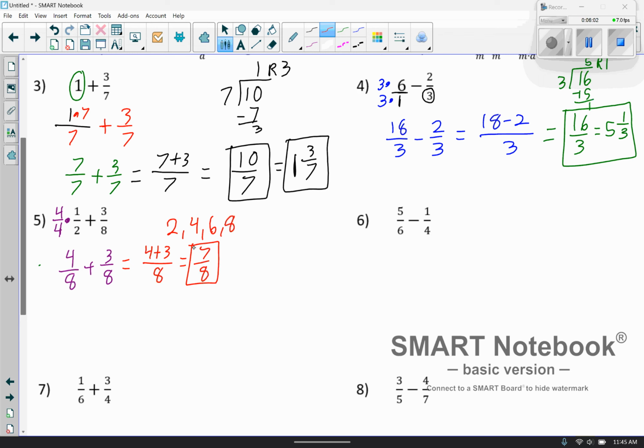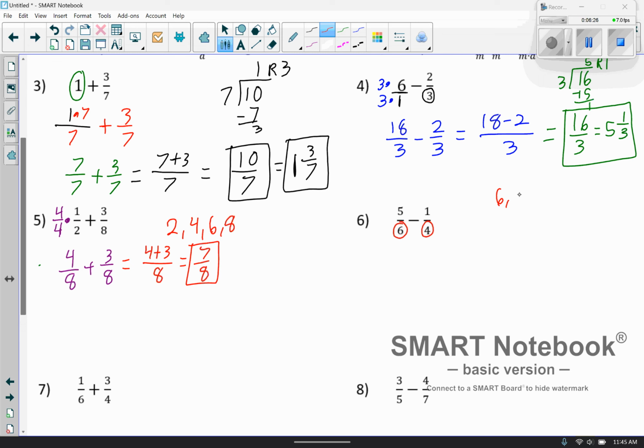Okay, if we look at 6, this one's going to be a little bit more challenging, because if we look here, let's see, I have a 6 and I have a 4. So they're actually both going to have to be adjusted. And you might be able to figure it out, but if you're not sure, you take that number and then just keep adding that same number to it like I did here with the 2, 4, 6, 8.